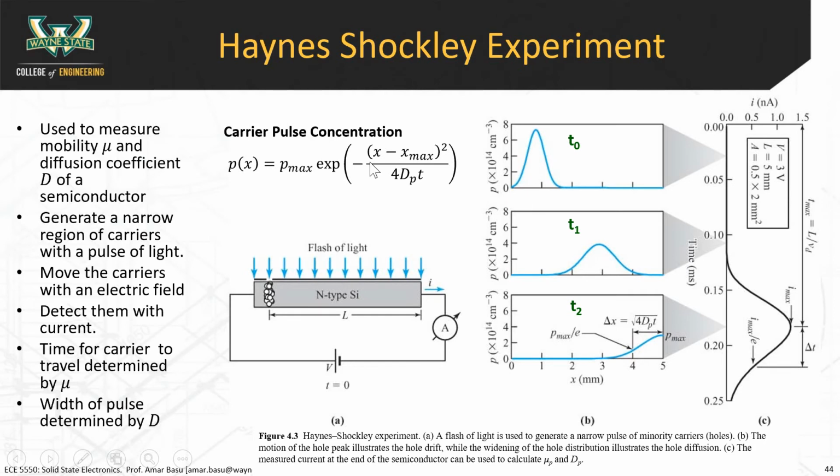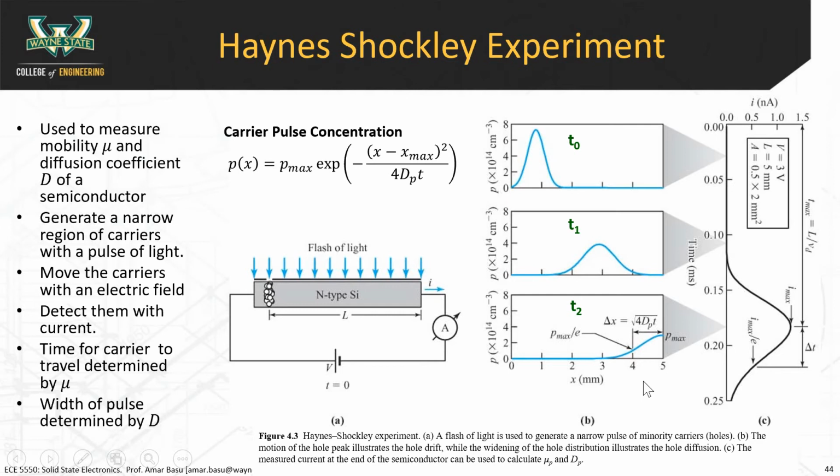If you look up the form of this equation, this is a Gaussian function. It's basically a bell curve. And this delta x, the square root of 4 Dp times t, is the standard deviation of the Gaussian function.